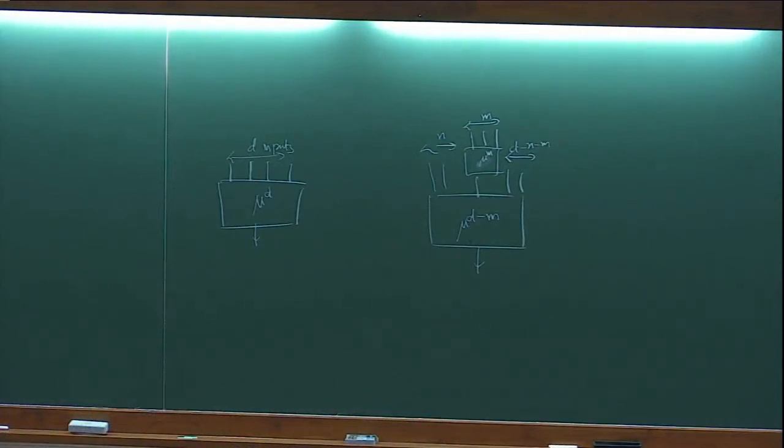So for different values of n and m, this gives a way of breaking up this one box into two boxes. And if you were to count all these boxes and add them up, you get the right-hand side of the relation. And we want that sum to be 0.